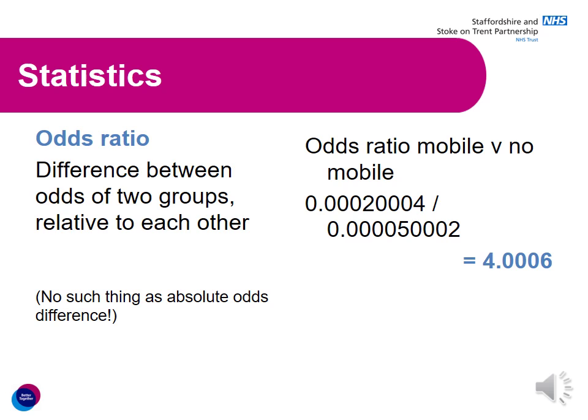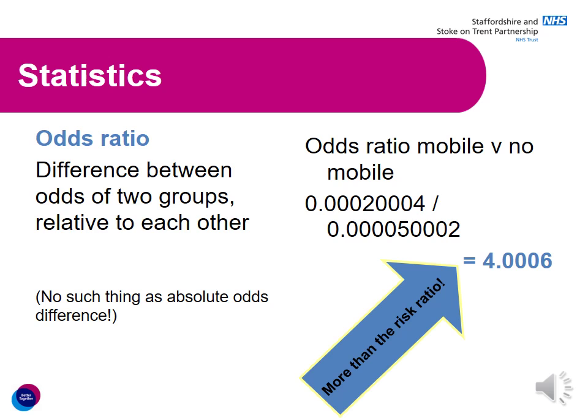We saw you could take away one risk from the other to get that, but you can't do that with odds. But what you can do is look at the ratio of odds one against the other. Now that's difficult to interpret. Oftentimes it's very similar to the risk ratio, but it's not always the same.